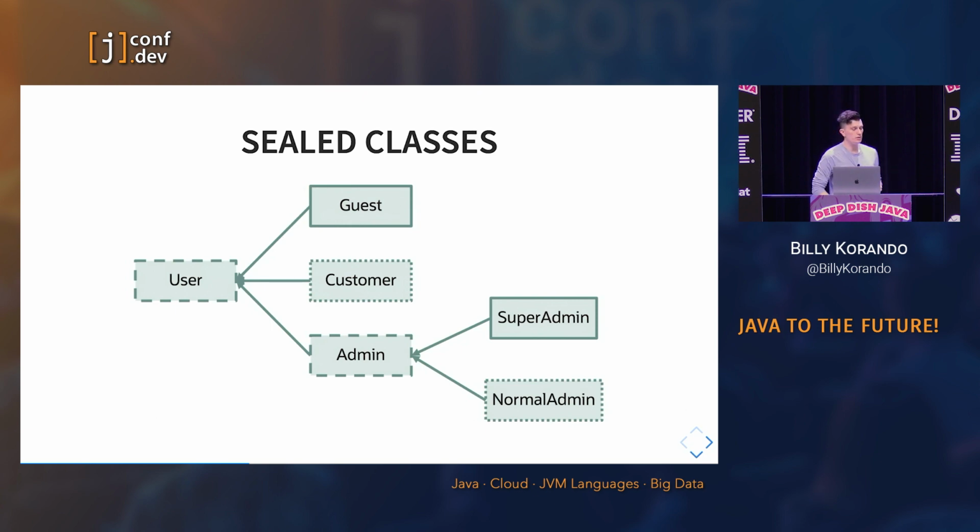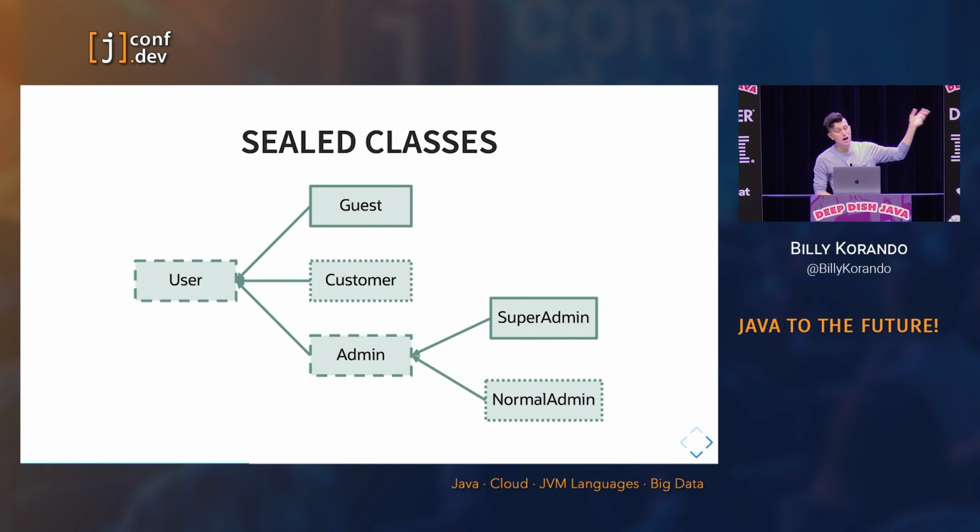Well, now with sealed classes, you can actually do that, where a class can define who can extend off of it. And so in this example, I put together a really simple hierarchy where User defines a sealed hierarchy where only Guest, Customer, and Admin can extend off of it. Now, when you define a sealed hierarchy, these subclasses will then need to define themselves as either final, in the case of Guest, which is a final class, and we just say nothing else can extend off of Guest.